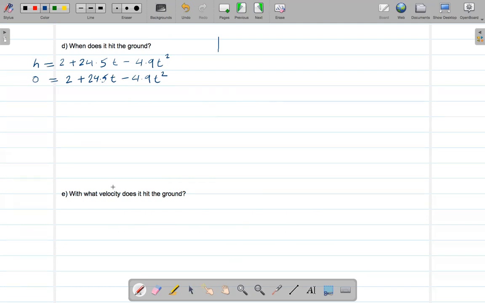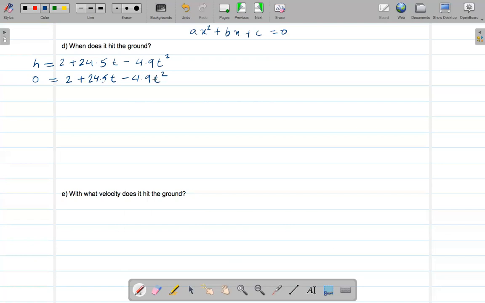Now, when does it hit the ground means we are finding the time. Since we know this is equal to zero and we have t squared, this is a quadratic function. If you remember from algebra, a x squared plus b x plus c equals zero is a quadratic form.